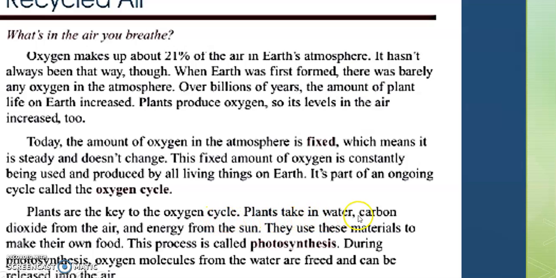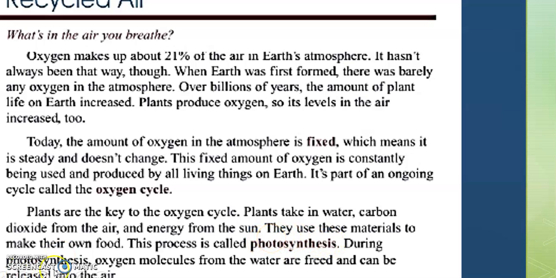Plants take in water, carbon dioxide from the air, and energy from the sun. They use these materials to make their own food. This process is called photosynthesis. With water, with sun, and carbon dioxide. Is that necessary for photosynthesis? Yes.